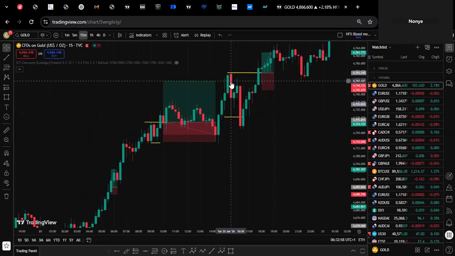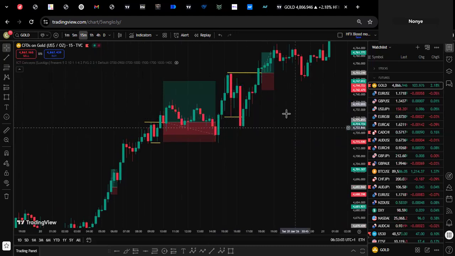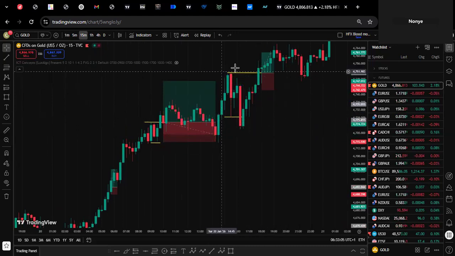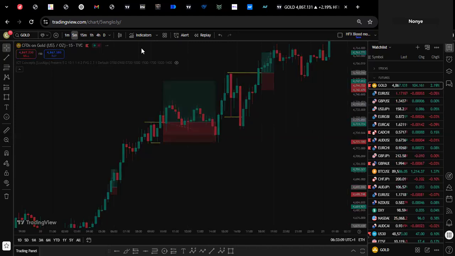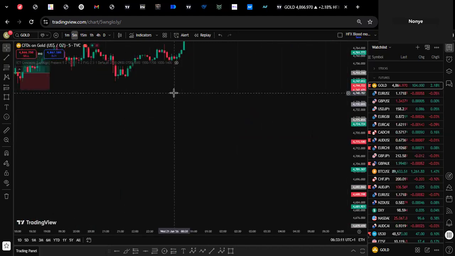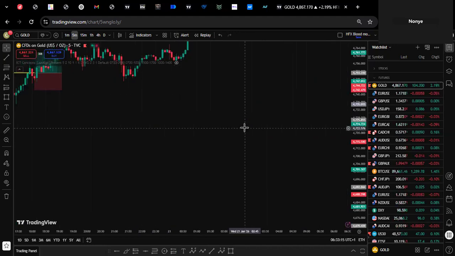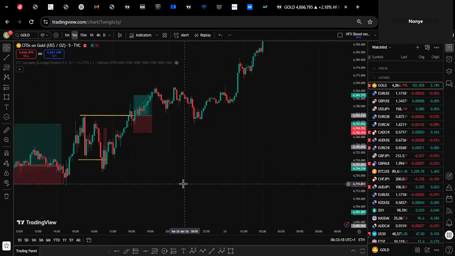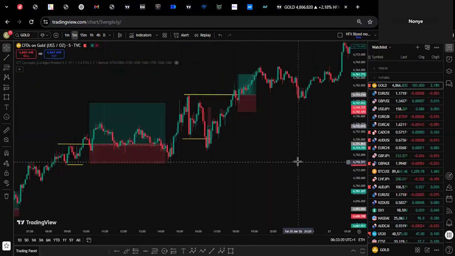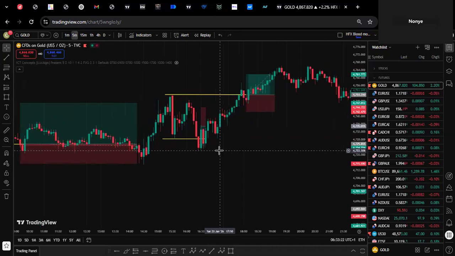This is the first 15 minutes time frame. You mark it out. Once you've done that, go down to 5 minutes and wait for a breakout. So in this case, a breakout happened.